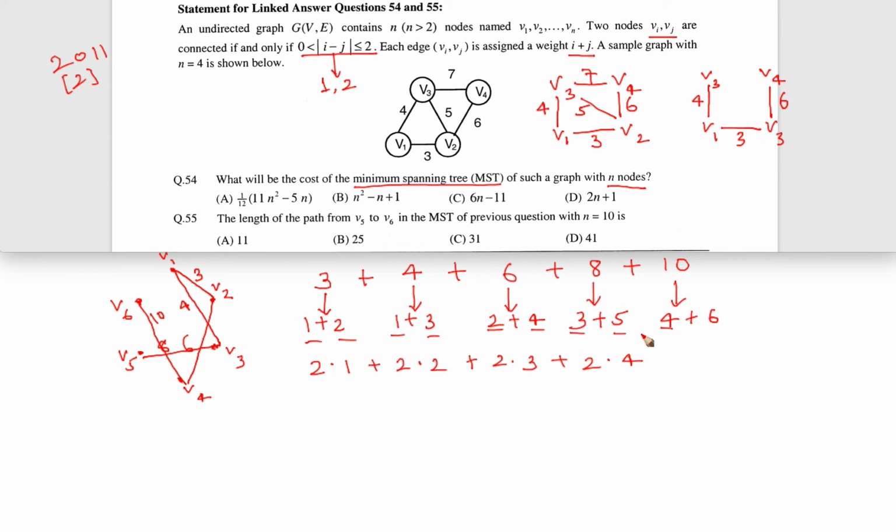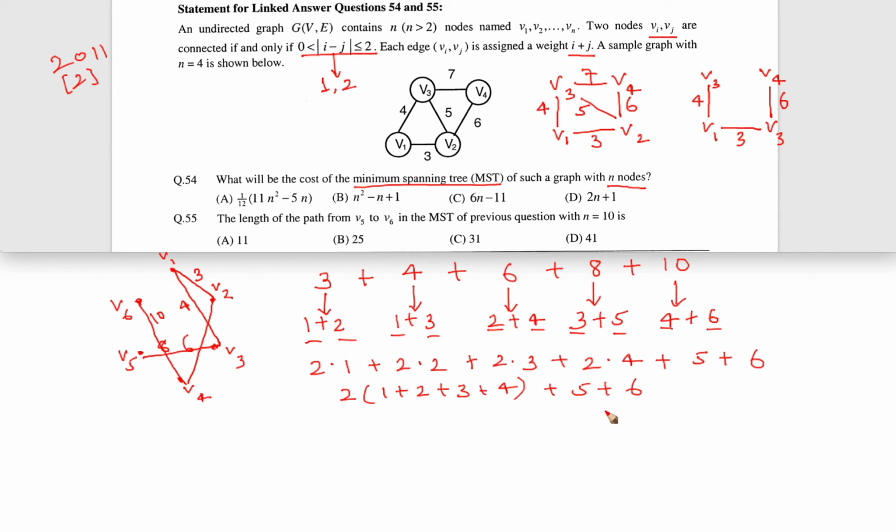And then 5 and 6 are single times. Okay, so 5 is one time and 6 is also one time. Now we are getting the pattern. So basically 2 times 1 plus 2 plus 3 plus 4, and then 5 and 6 we are having separately. Okay, so 6 vertices are there, then this pattern is coming.